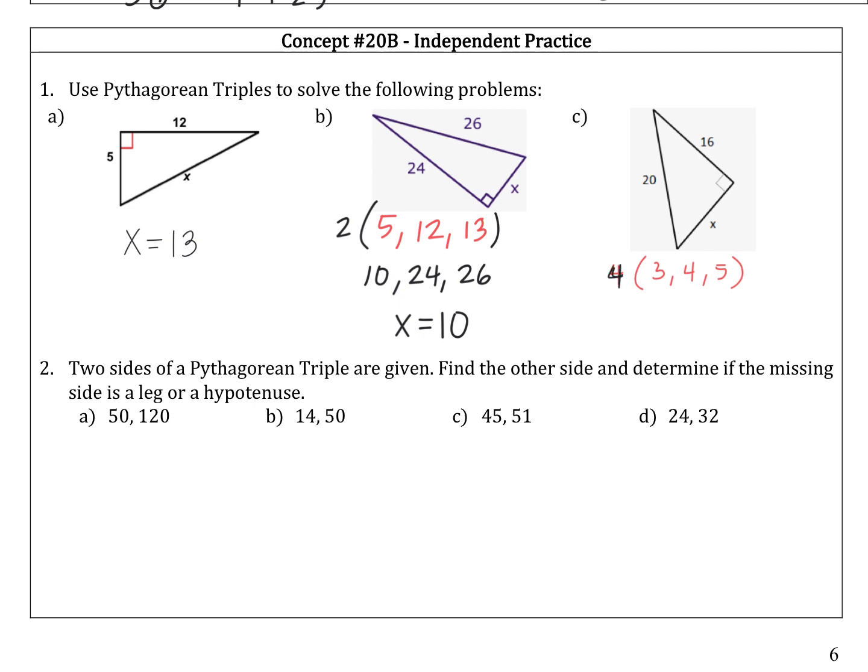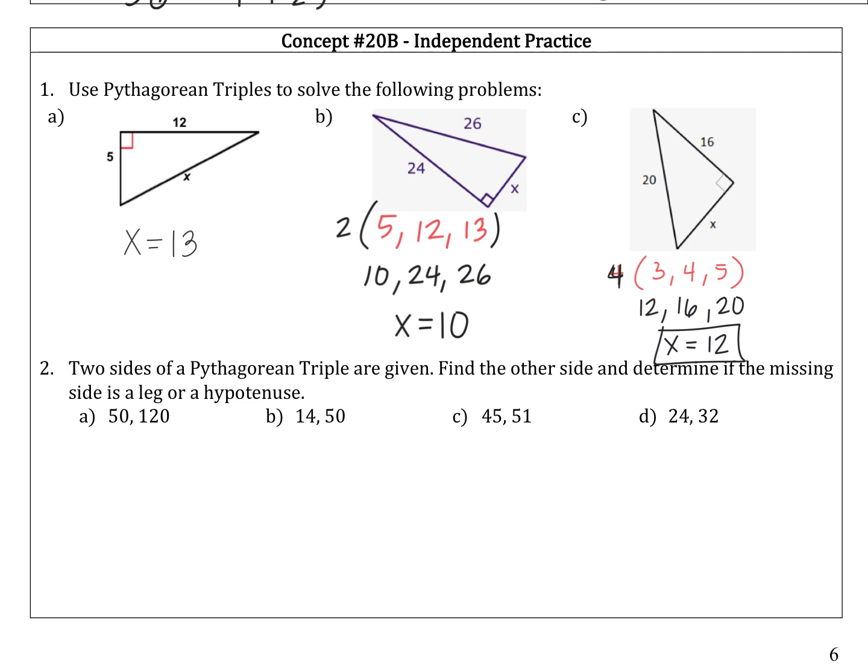Gets multiplied 4 times to get you 12, 16, and 20. So that basic one is a multiple. We have a multiple of 4, so what's our missing side? 12. If you were lost and you're like, I don't think I'm going to be able to do this, that's fine. A squared plus B squared equals C squared. Solve for your missing side that way. You're going to get the same answer. It's all good.